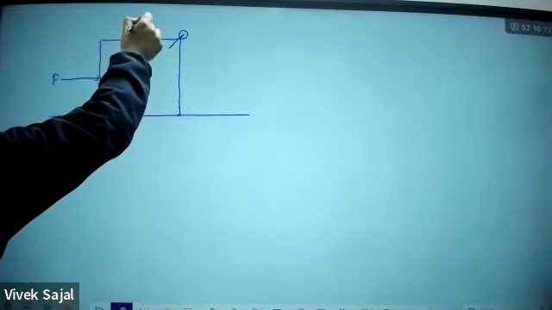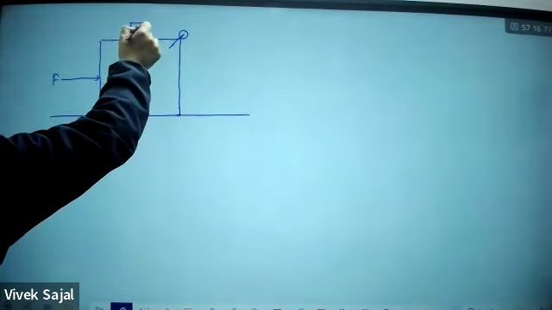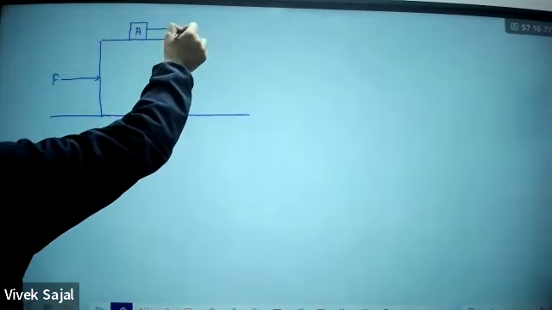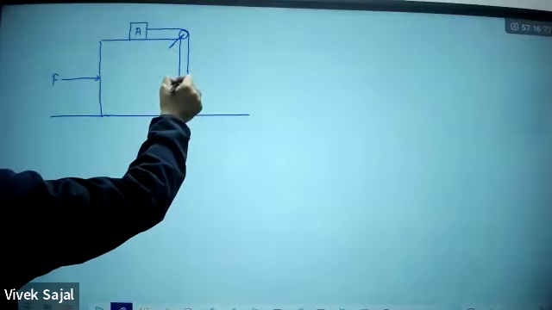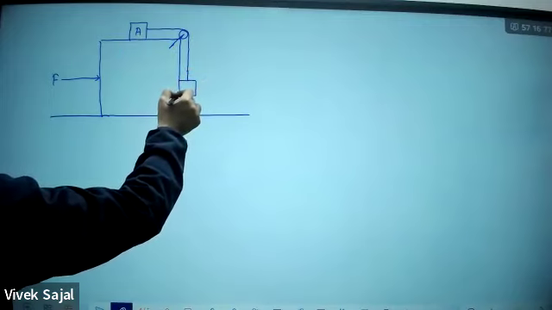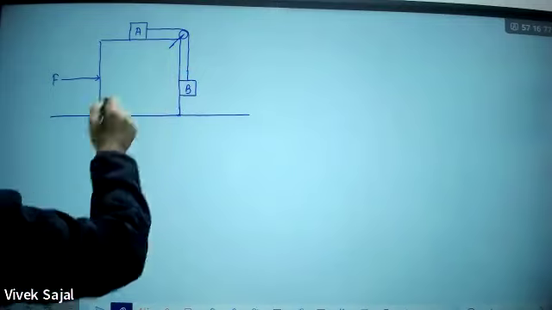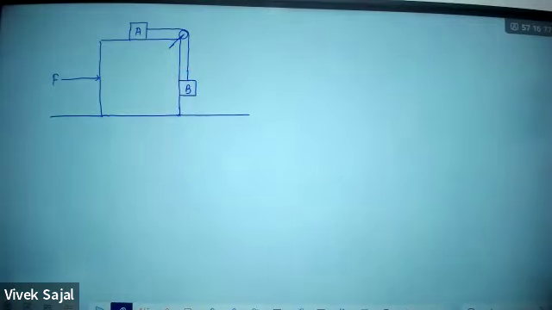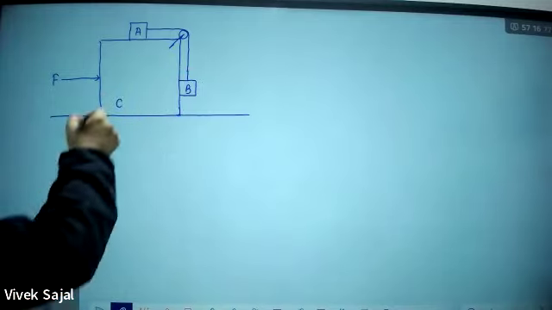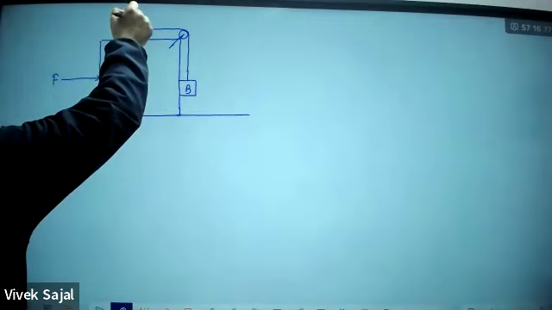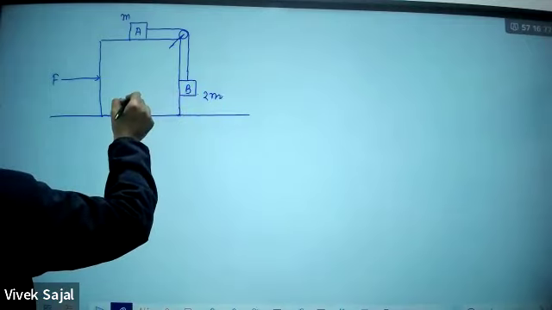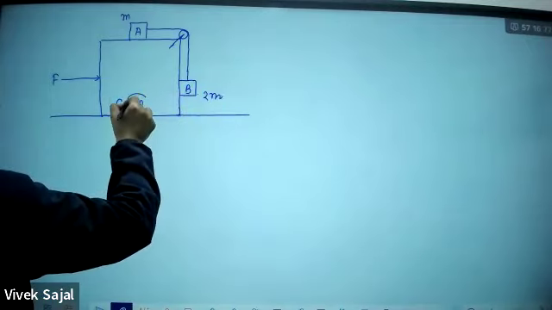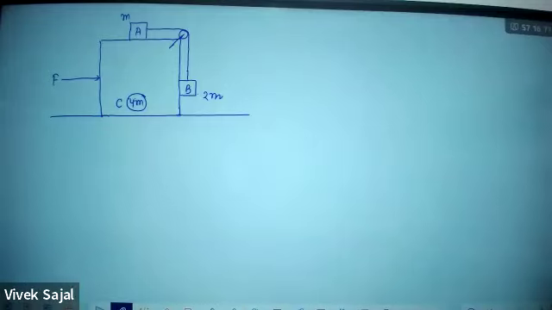One block is here, I call it A. It is attached with a string, and another end of this string is attached with another block B, and this block is in contact with this larger block C. The mass of A is m, mass of B is 2m, and mass of the larger one, C, is 4m.